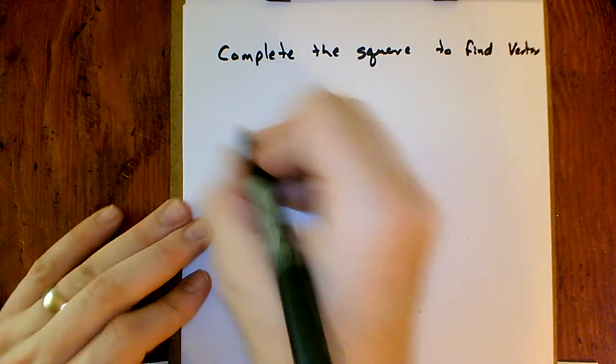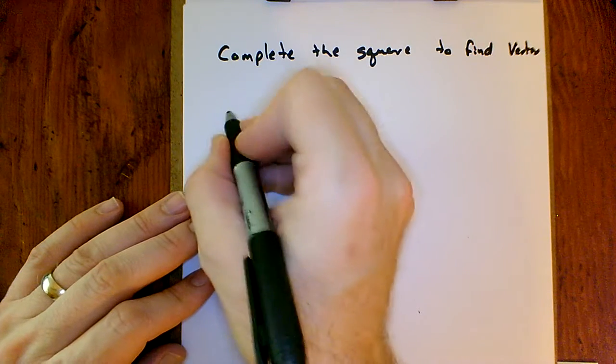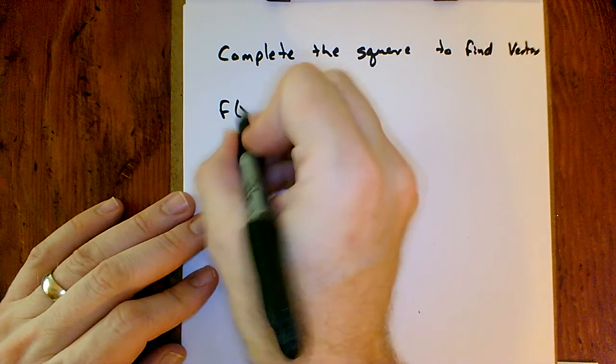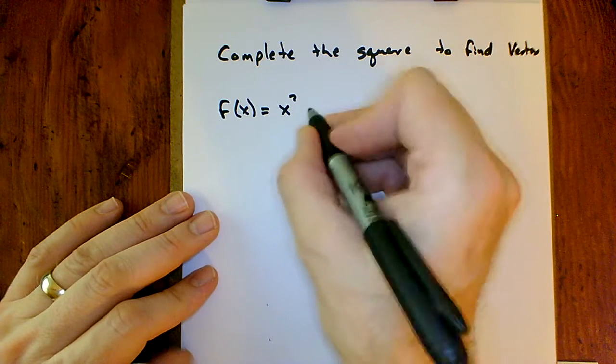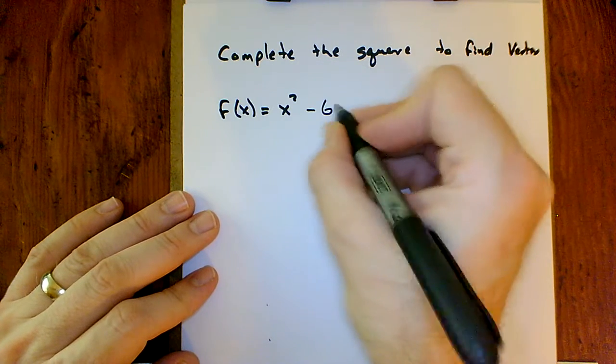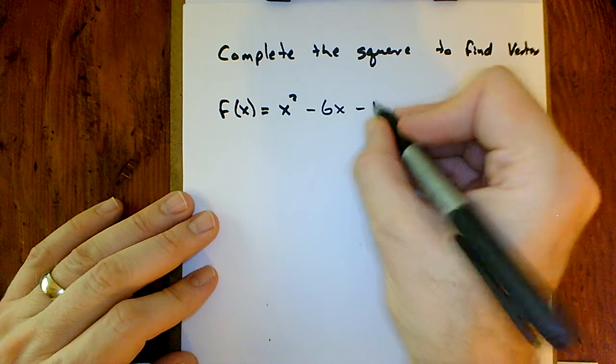I'm going to try a different function here. Let's say we've got f of x is equal to x squared minus 6x minus 15.